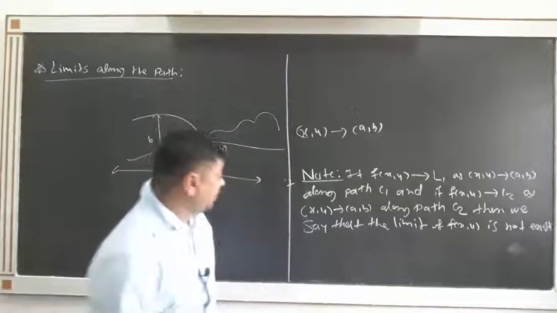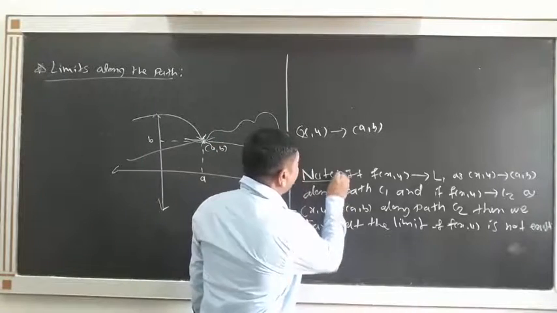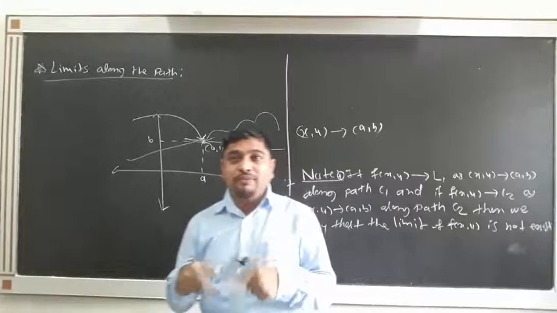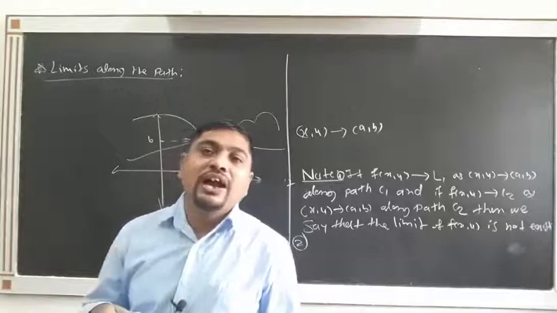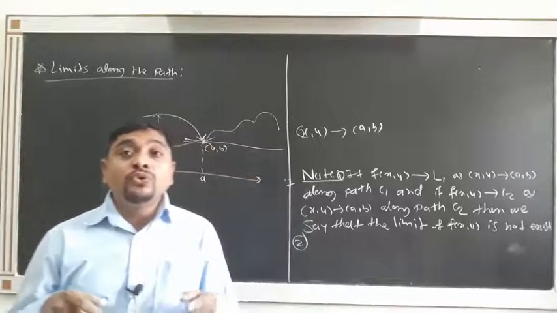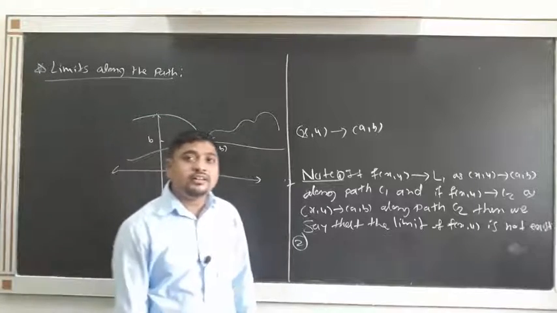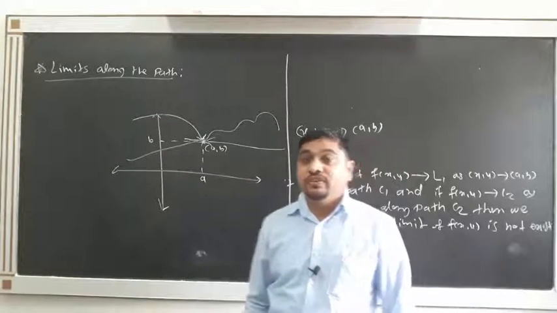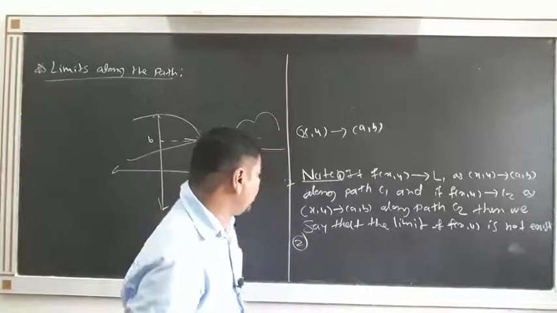But in the second note, if you get two paths having the same limit, you directly cannot say that the limit of the function exists. Keep in mind, this is very important.